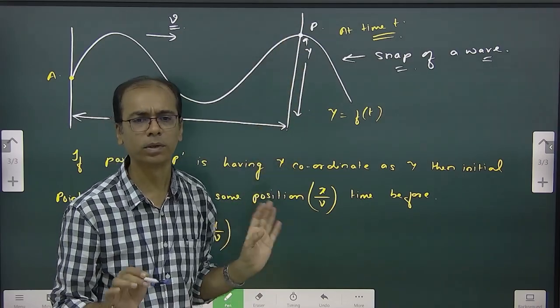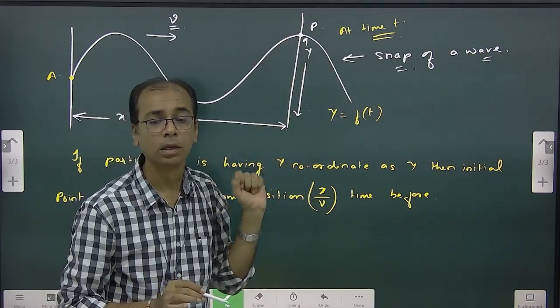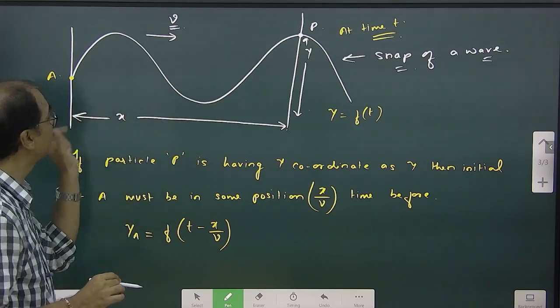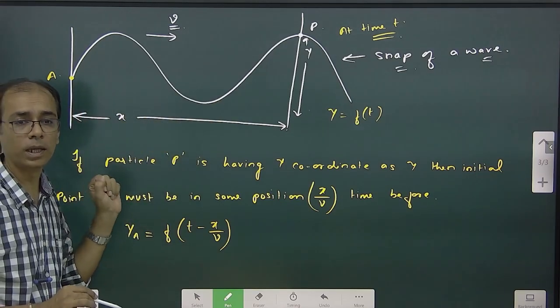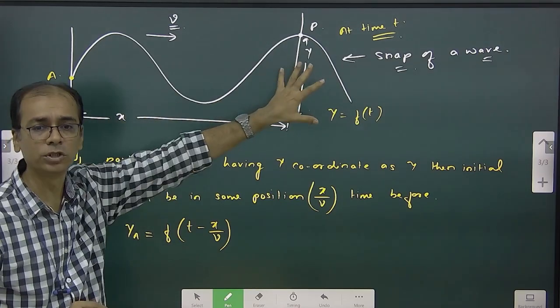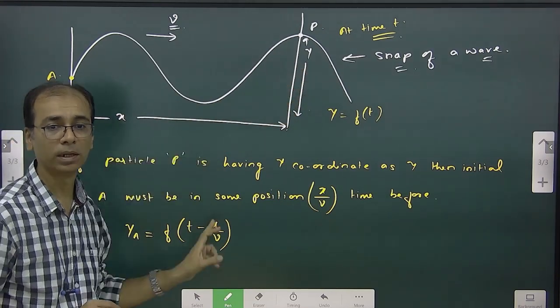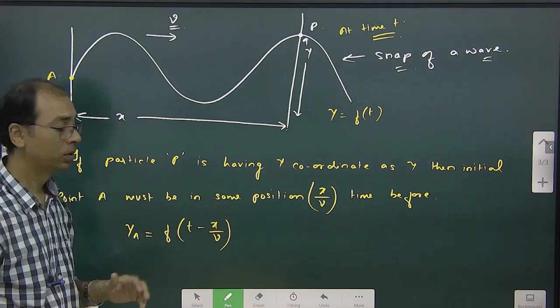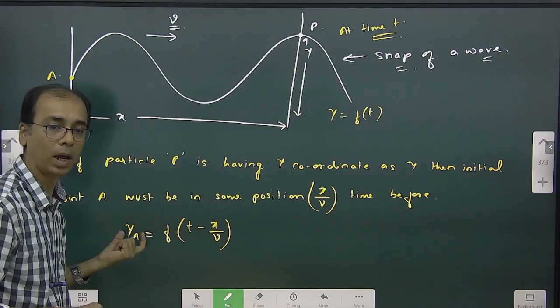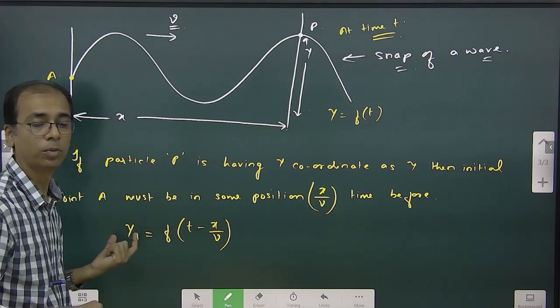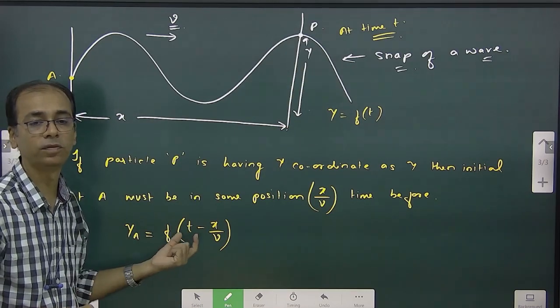We know that y equals a sine omega t, it's a function of t. But when I talk about this point A, it was in the same position at what time? At t minus x by v. So the y coordinate of A, or position of A, is written as a function of t minus x by v.